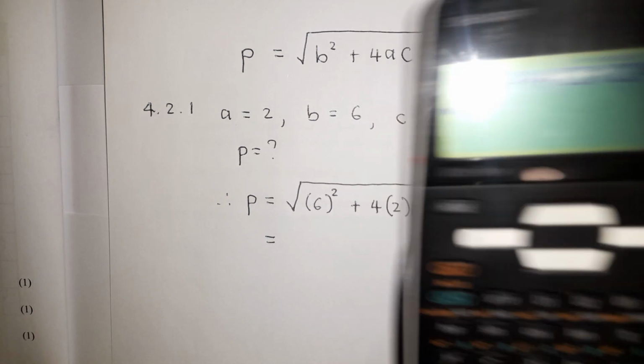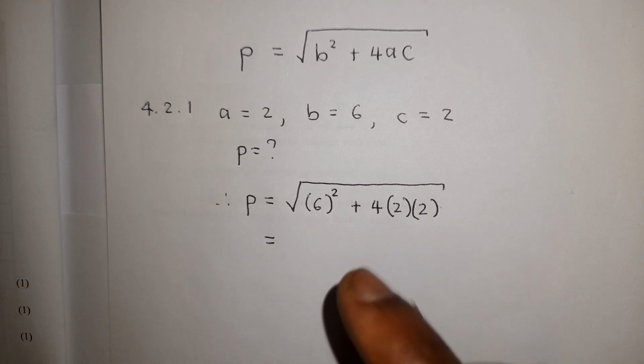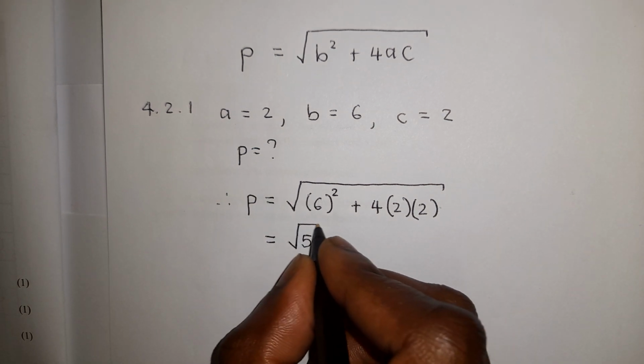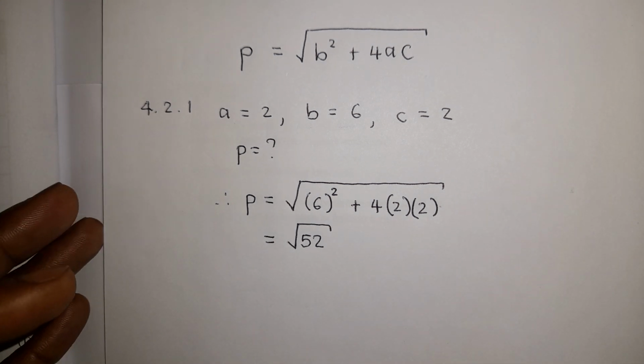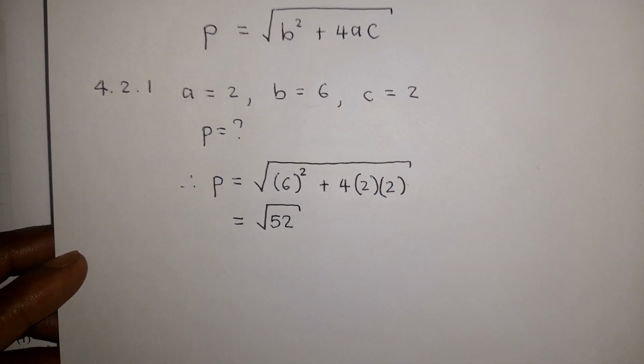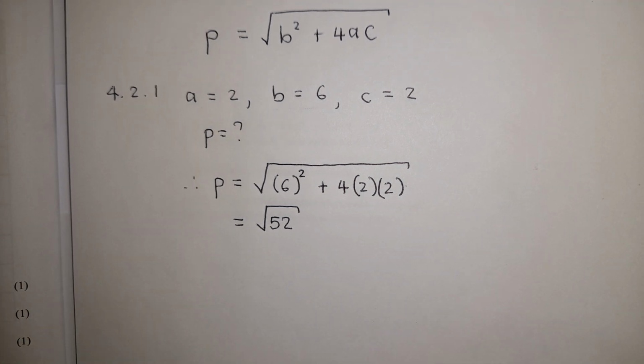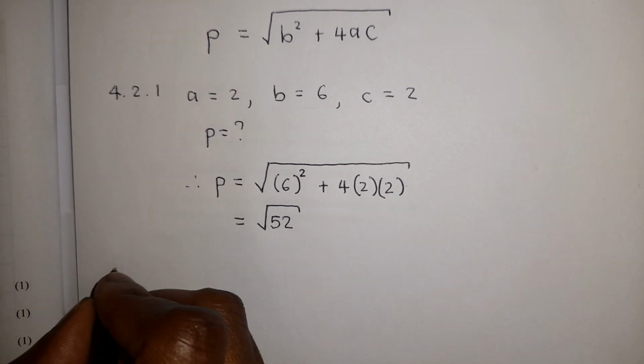Then I get 52. So it means this number under the square root will be 52. And then from the list of perfect squares that I dealt with, I can already see that 52 is not a perfect square. So definitely the square root of 52 is an irrational number.